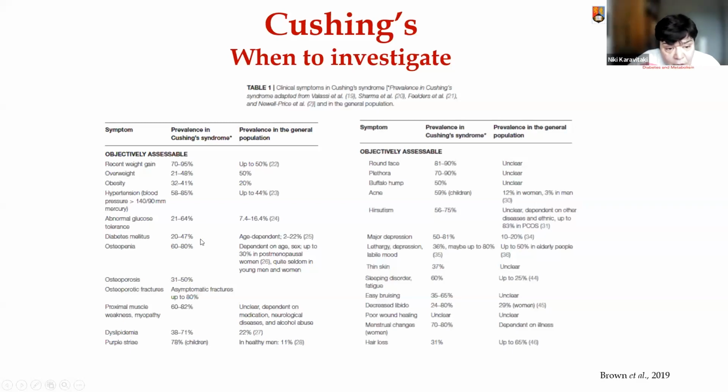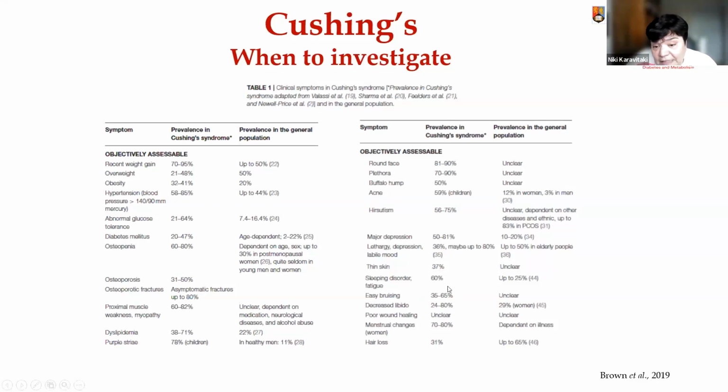Abnormalities in glucose metabolism, we see the rates here, and again in the general population we have a significant number of people who have diabetes or impaired glucose tolerance. Dyslipidemia is seen in a significant number of patients with Cushing syndrome. Still, it is in 22% of the general population. And to look at other manifestations where we have less data on their prevalence in the general population, just to give you an example.